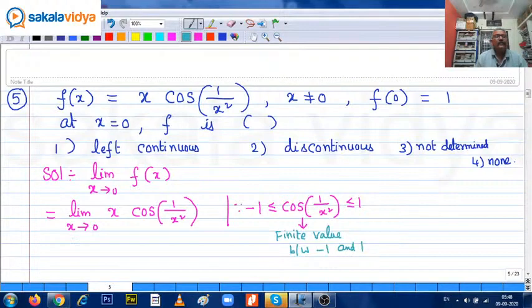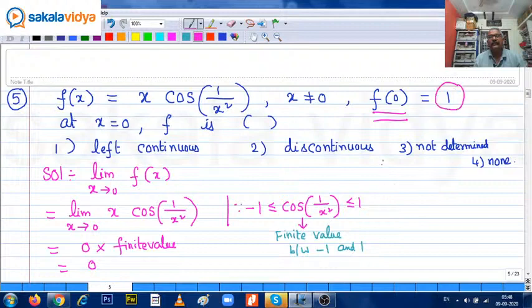Already x is 0. Now we can write this is equal to 0 multiplied by some finite value. 0 multiplied by something is 0. But what is given for f(0)? f(0) is given as 1.